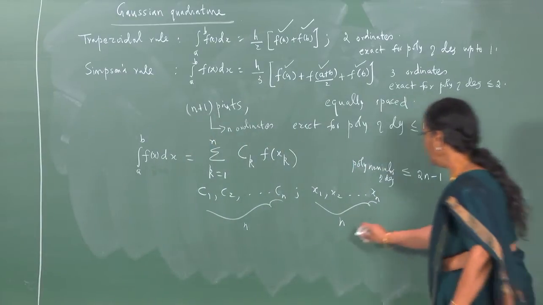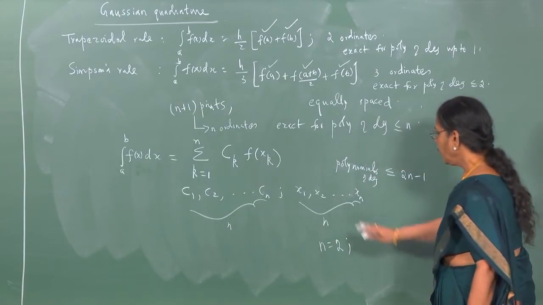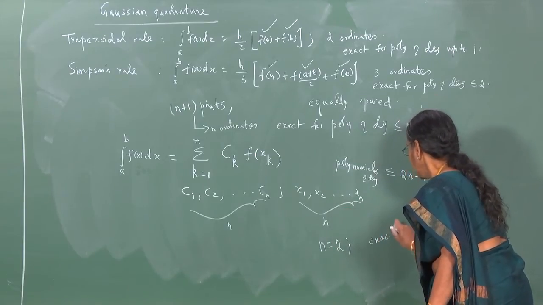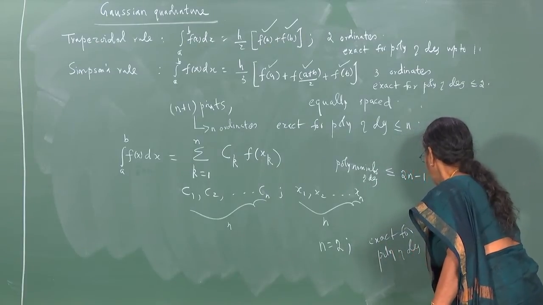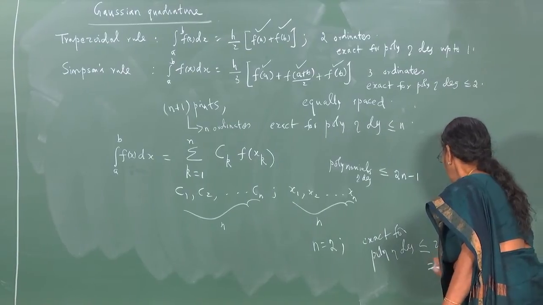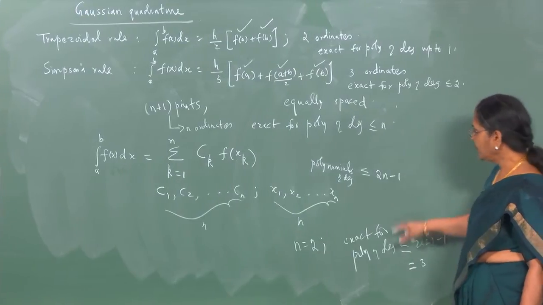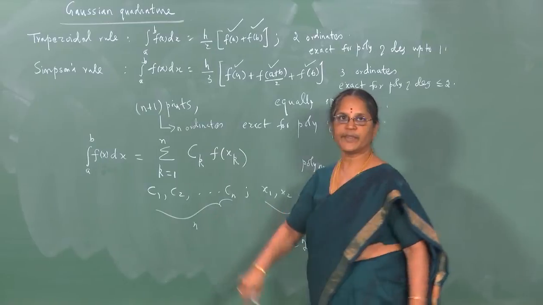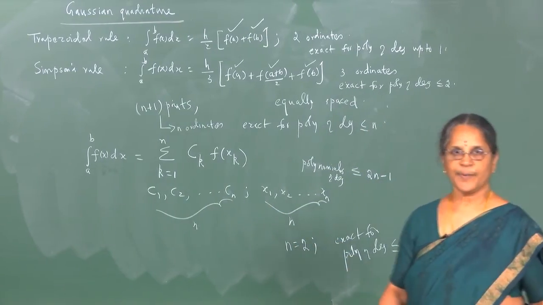Say for example, if n is equal to 2, then you will derive a method which is exact for polynomials of degree less than or equal to 2 into 2 minus 1, namely less than or equal to 3. You will see that the x i's which are located here need not be equally spaced.